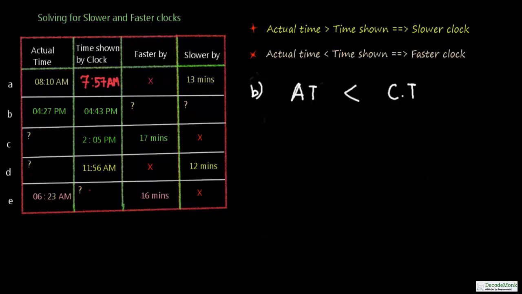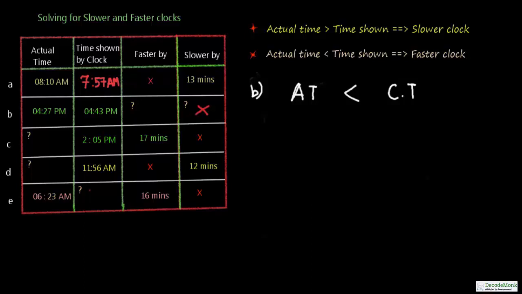So when the time shown by the clock is greater than the actual time, then it's a faster clock. So this will be crossed out. So we can understand first of all that the clock is faster. So this cell will be crossed out and we have to enter some minutes over here.